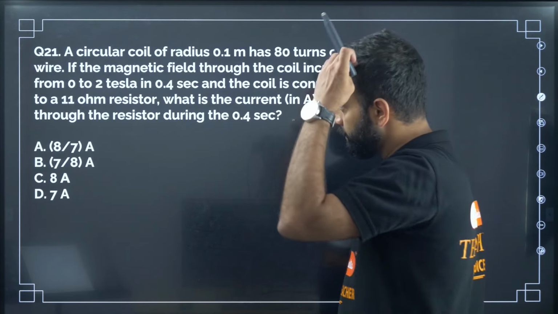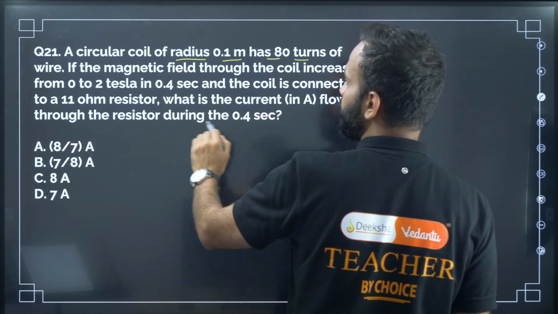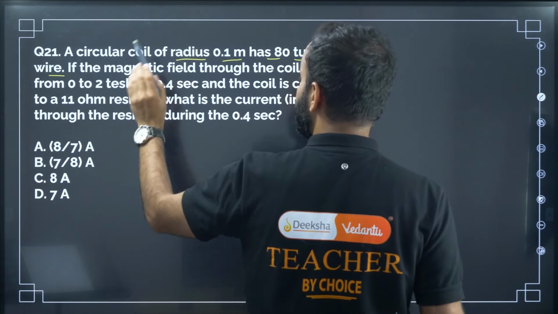Question number 21. A circular coil of radius 0.1 meter has 80 turns of wire.